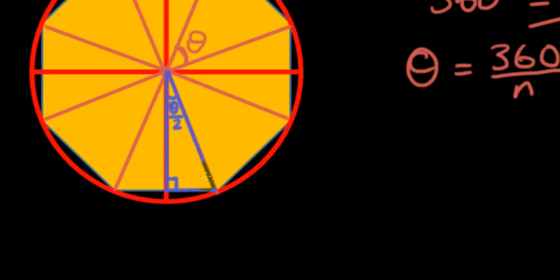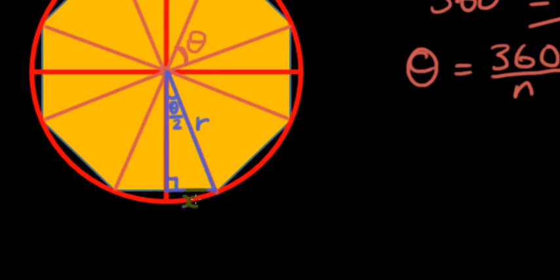And we know what the hypotenuse of the right angle triangle is, because that is simply the radius of the circle. The length of this side is the radius of the circle. Now, using simple trigonometry, we can find out what this side is. Let's call this side x.